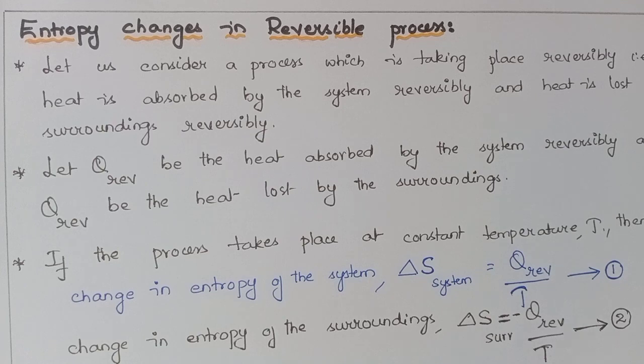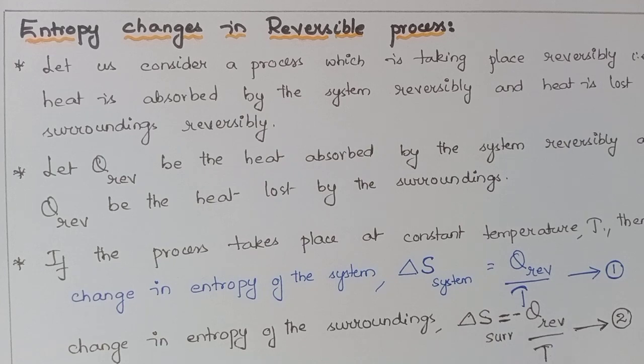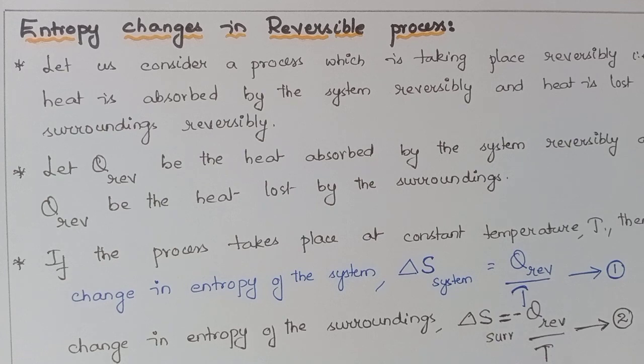So, if we assume that a process is taking place reversibly, then heat is absorbed by the system reversibly, and whatever heat is lost by the surroundings will be the same as the heat absorbed by the system. Both, you can see here, I have mentioned reversibly.